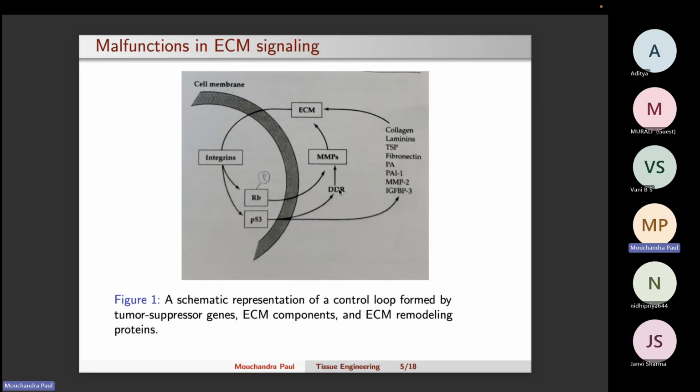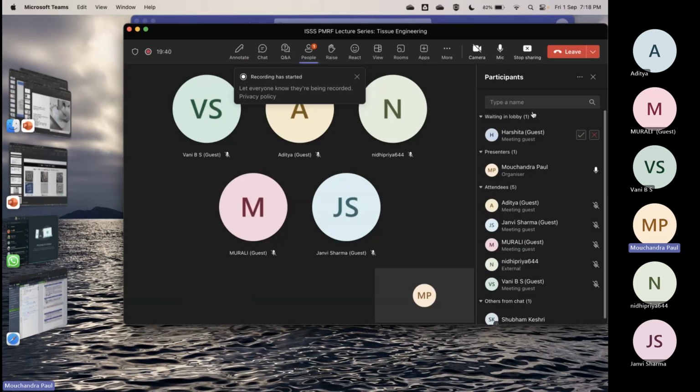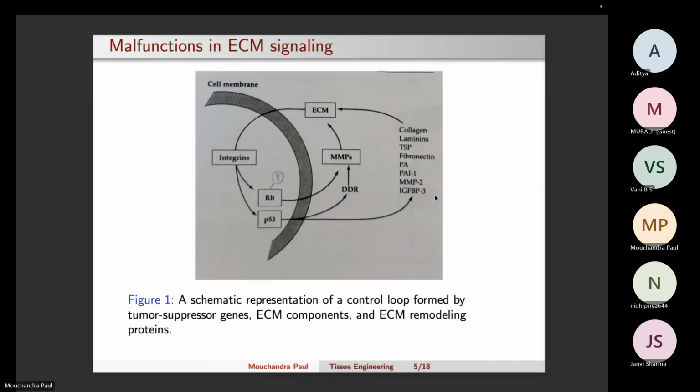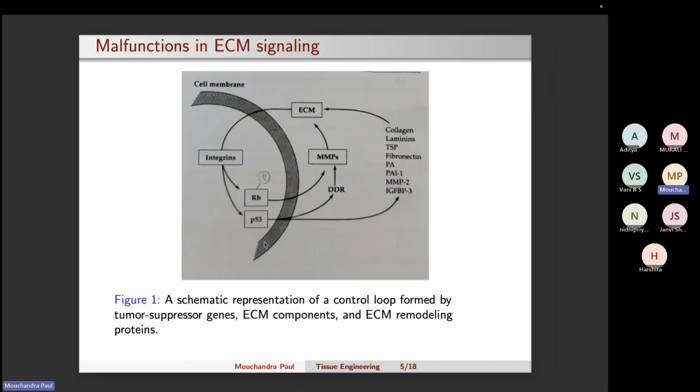P53 also plays an important role in controlling the activity of the MMPs. So this is a feedback mechanism between the two tumor suppressor genes, P53 and RB, and the ECM component.